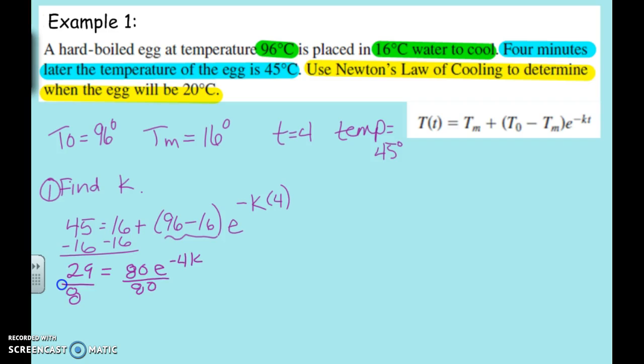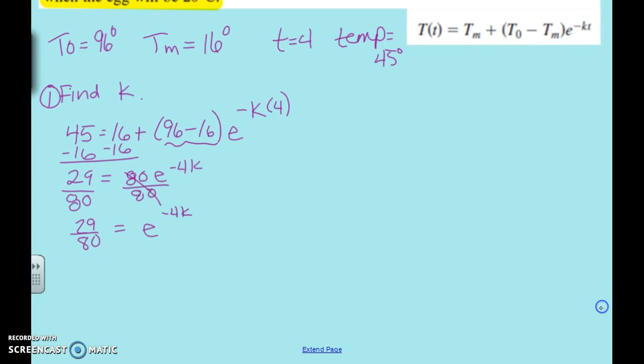Now, I could get the decimal approximation here, but that's not necessary because eventually I know I'm going to have to do some logarithm stuff, and that's probably not going to be helpful to have a big decimal there. So at this point, I'm going to go ahead and scroll down on my page, give me a little more room, and I need to figure out how do I get rid of that e.